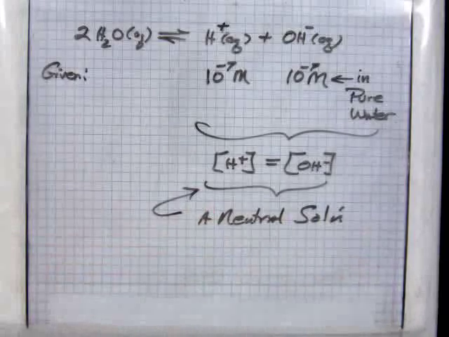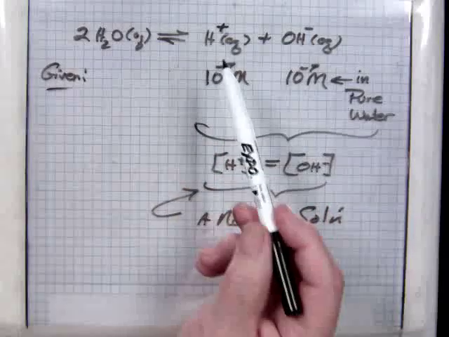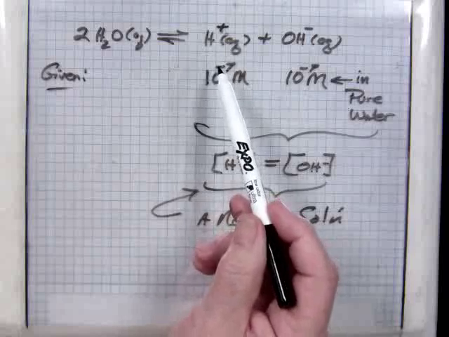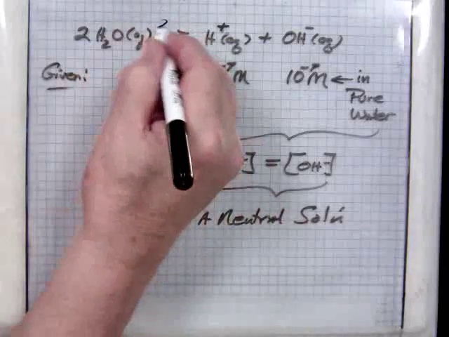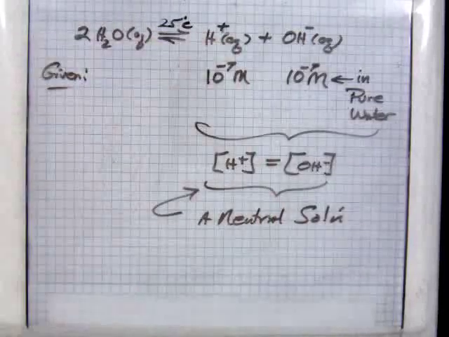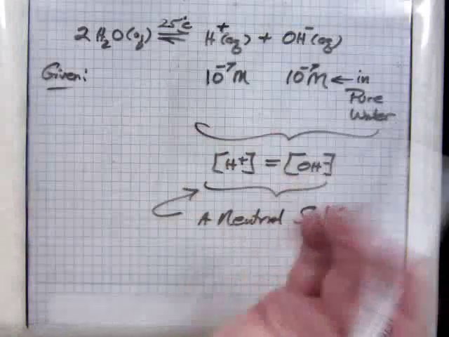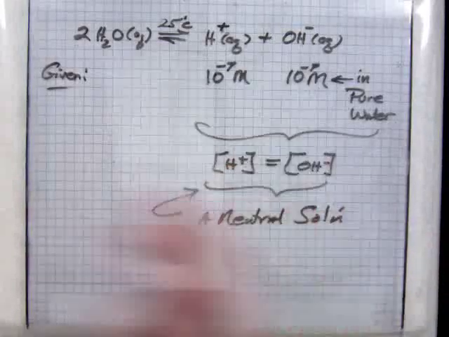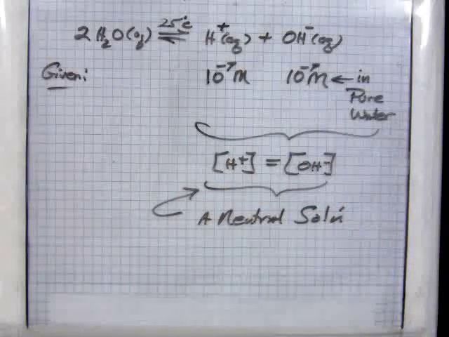So in pure water, a factoid is that water ionizes, and this is at 25 degrees C, a standard thermodynamic temperature that we're using, 25 degrees room temperature. You can pretty much depend on water ionizing to deliver 10 to the minus 7 molar in hydronium ions and 10 to the minus 7 molar in hydroxide ions.